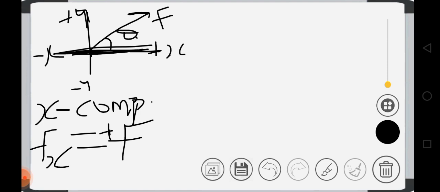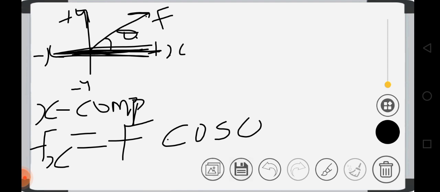Even if you don't add the positive sign, there's no problem. Then you multiply the force by cosine of the angle between the force and the x-axis, which is theta. That will be the X component of that force.